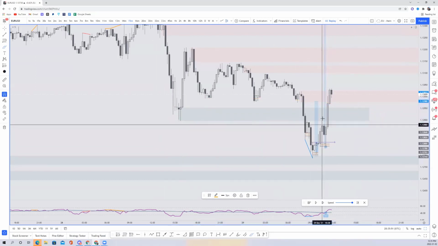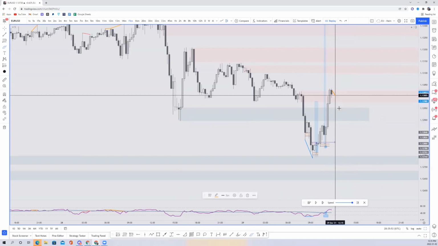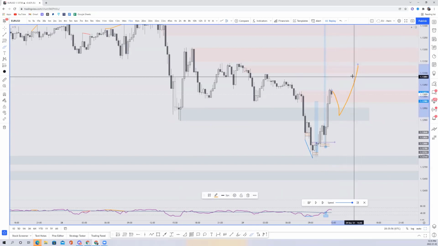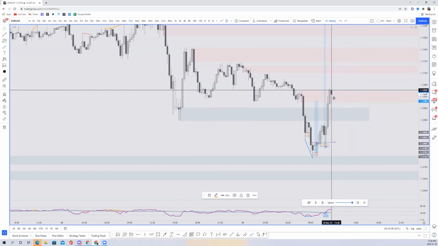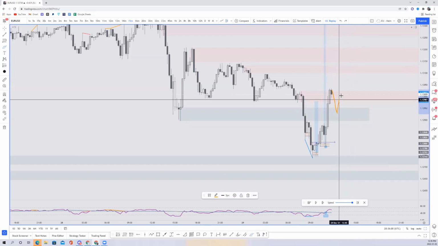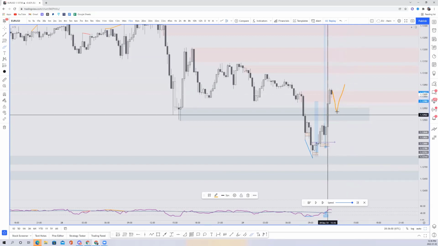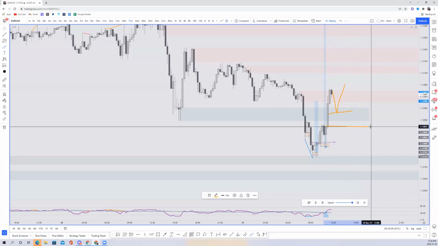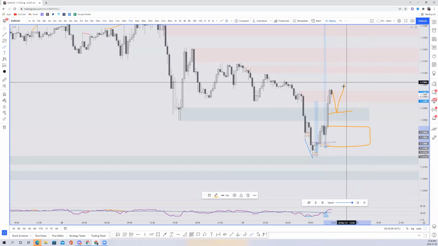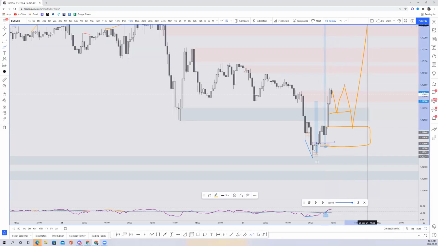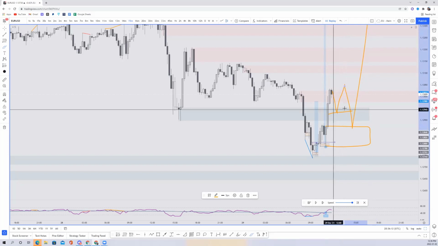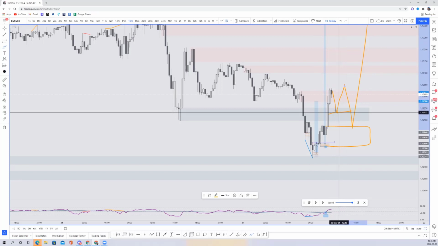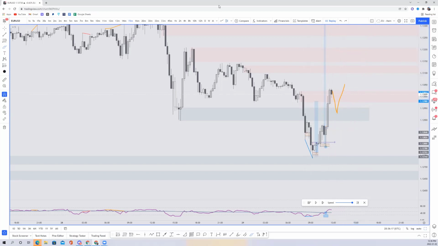A, you build a trade off of it where it comes into here and it goes up. Or B, it's going to do something like this, go up, and then it's going to use this as inducement and come down to the flip zone below and then go up. So be really careful with these breaker blocks. They're great to take a trade off, but a lot of times they build inducement.